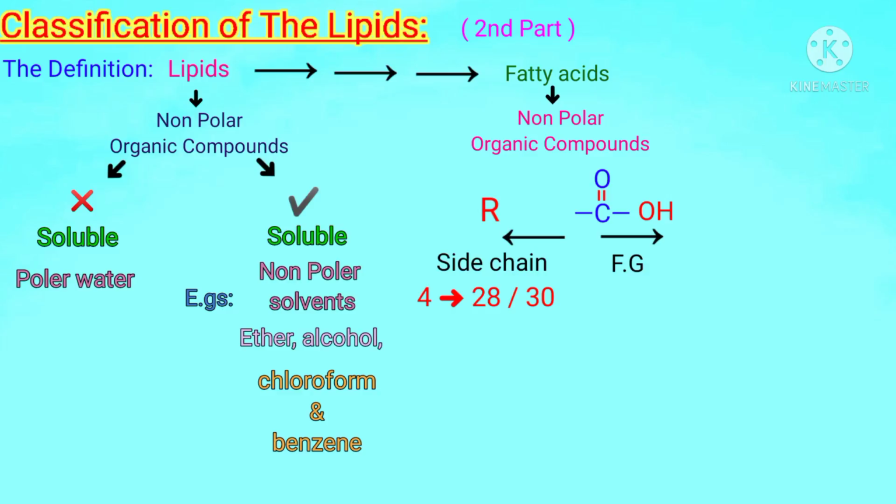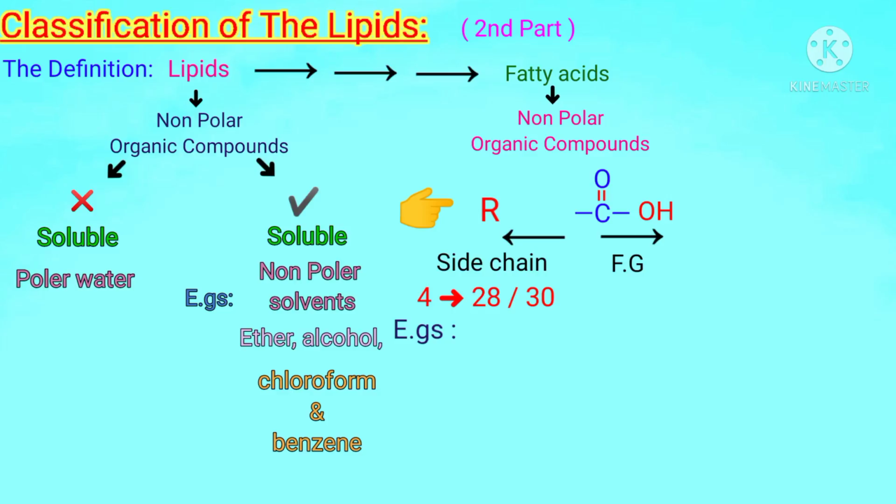Not odd, but even, like 4 carbon atoms, 6, 8, 10 and 12 and so on. So this is our fatty acid with two parts, the carboxylic group and the side chain. The simplest structure of a fatty acid, students, is R C double bond O OH, which is also the general structure of a fatty acid.